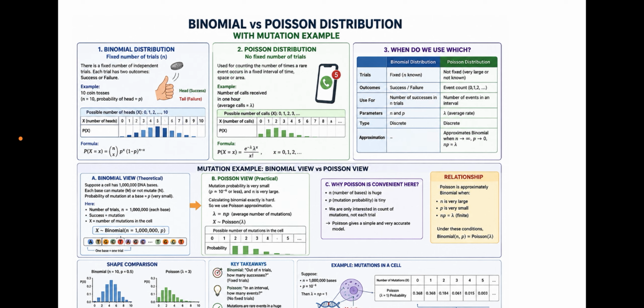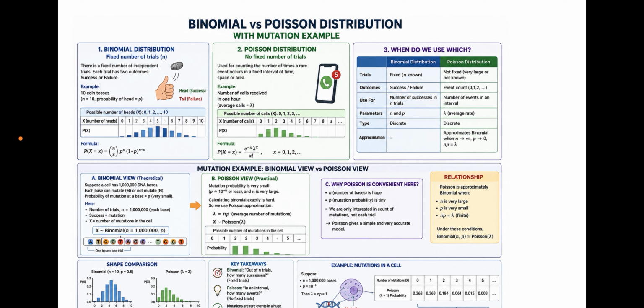When we use this Poisson distribution, suppose lambda is the average probability. For example, suppose 10 lakh nucleotides are there. What is the probability of one mutation in those 10 lakh nucleotides?